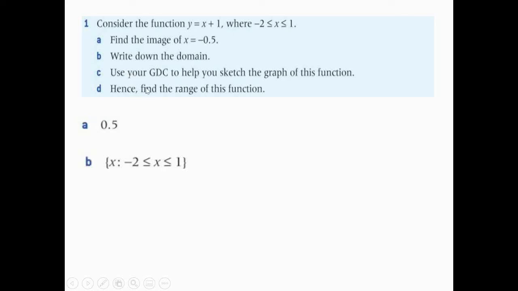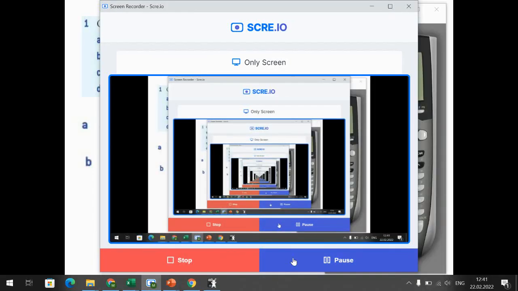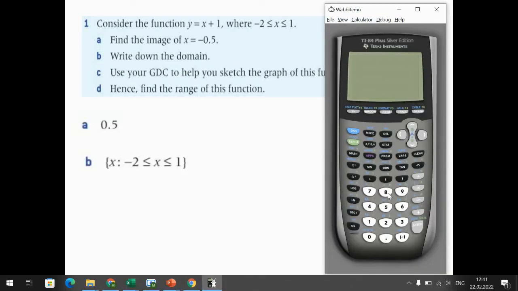How about C? Use your GDC to help you graph this one. Let's try that. I'm going to open my GDC one second. Okay, here's my calculator, and I'm going to graph it. So we're going to press y equals, do the same thing on yours, and we're going to enter the function x plus 1, and now we want to set up the domain as well.